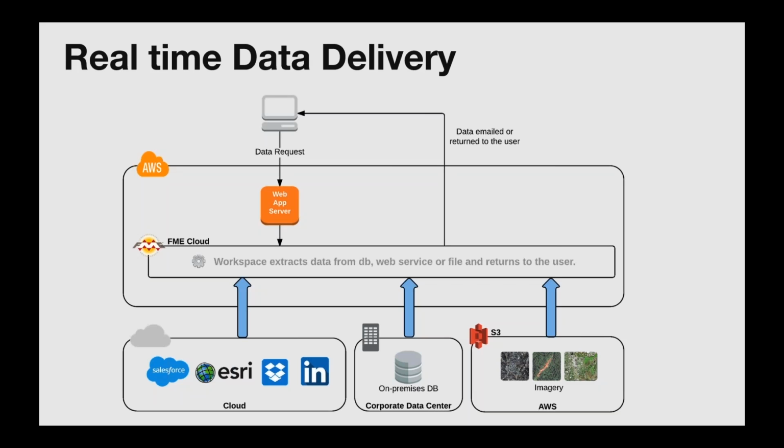This is kind of our classic data download, but it's good on the cloud because, again, here you're not worrying about any infrastructure, basically. And as more and more data moves to the cloud, it makes sense to have FME Cloud, FME Server up there as well. If your data's in the cloud, then FME Cloud is really the way to go. Exactly.